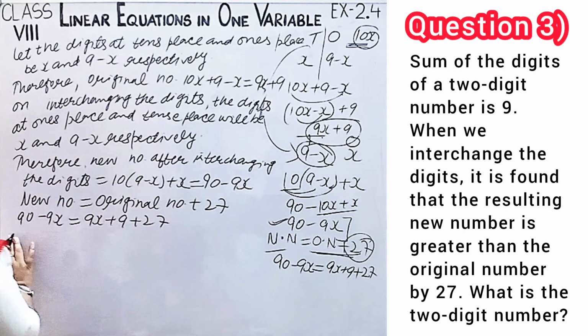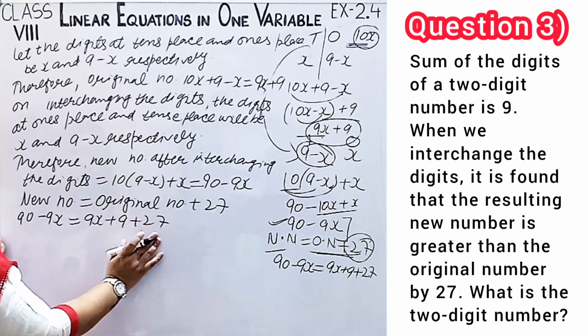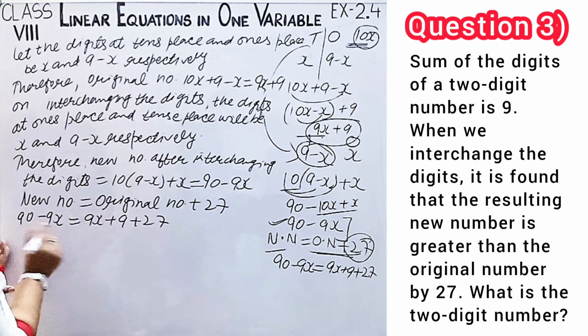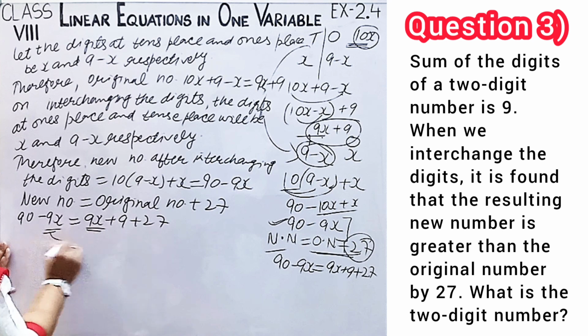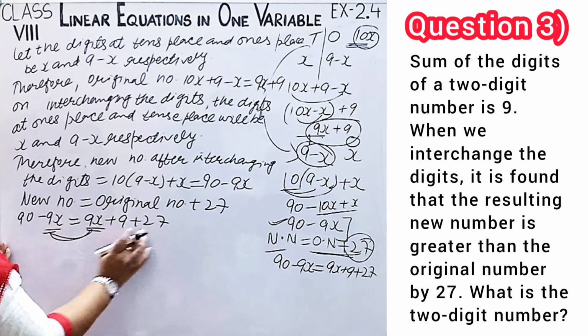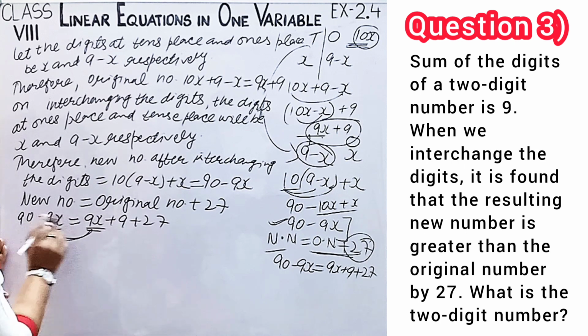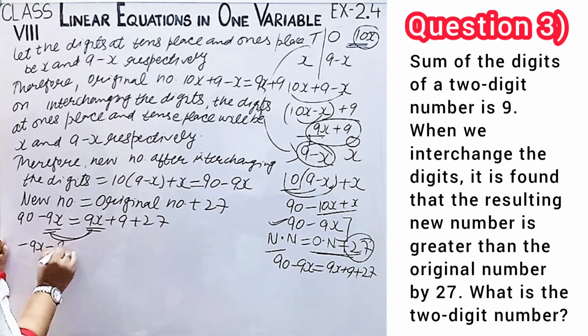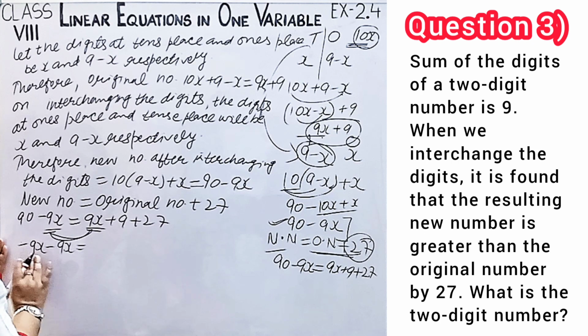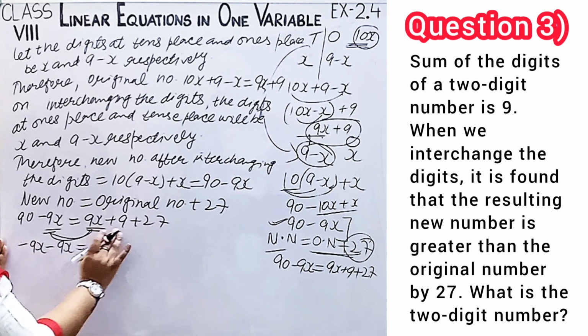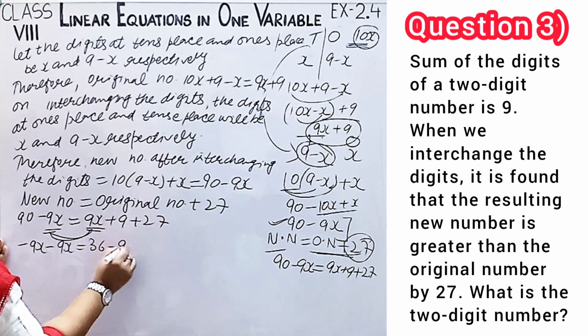Now coming to the solving portion. Categorize the equation into two parts: the variable part, and after that the constant part. Now separating it. 90 minus 9x, so 9x will come here and this 9 will come here. After transposing we get minus 9x minus 9x is equal to 9 plus 27, which is 36, minus 90.